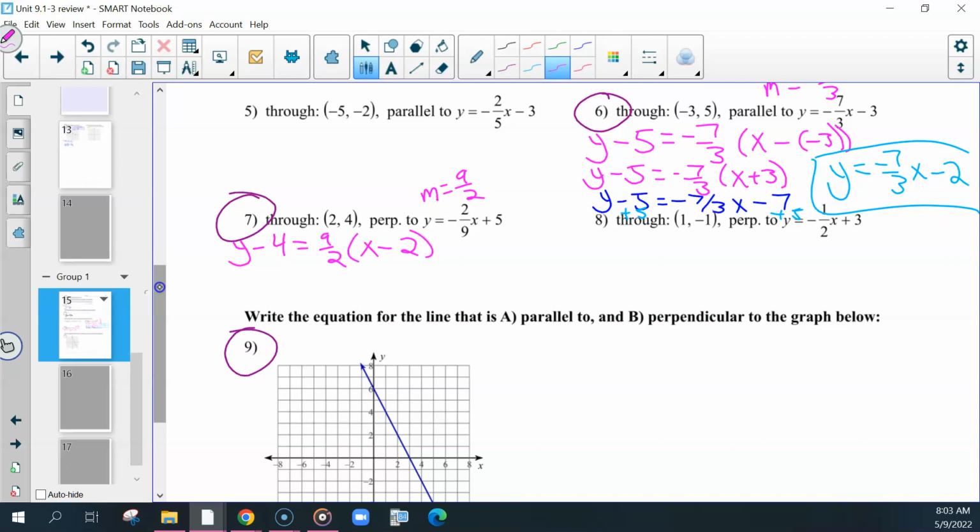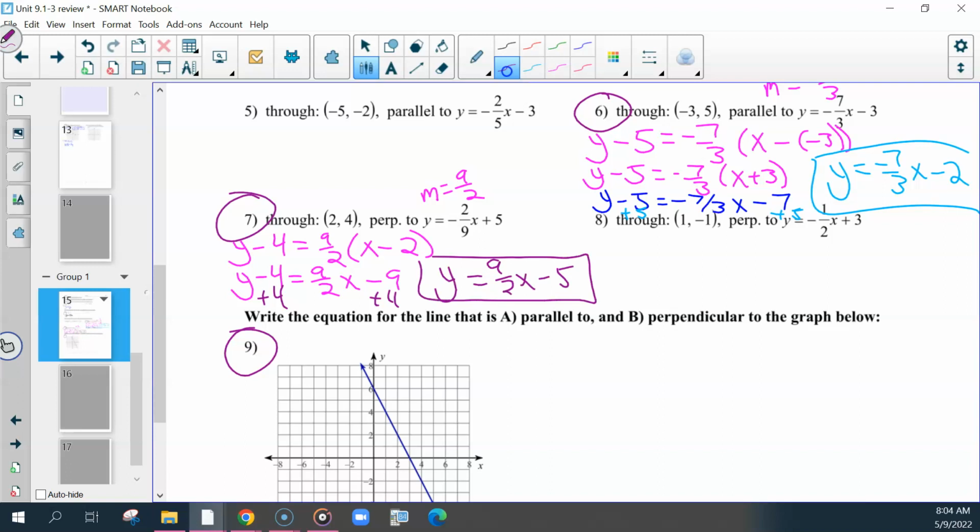And then we could distribute. So 9/2 times -2 would just be -9. And then we could add 4 to both sides. Y equals 9/2x minus 5 is our final answer. Questions on that one?